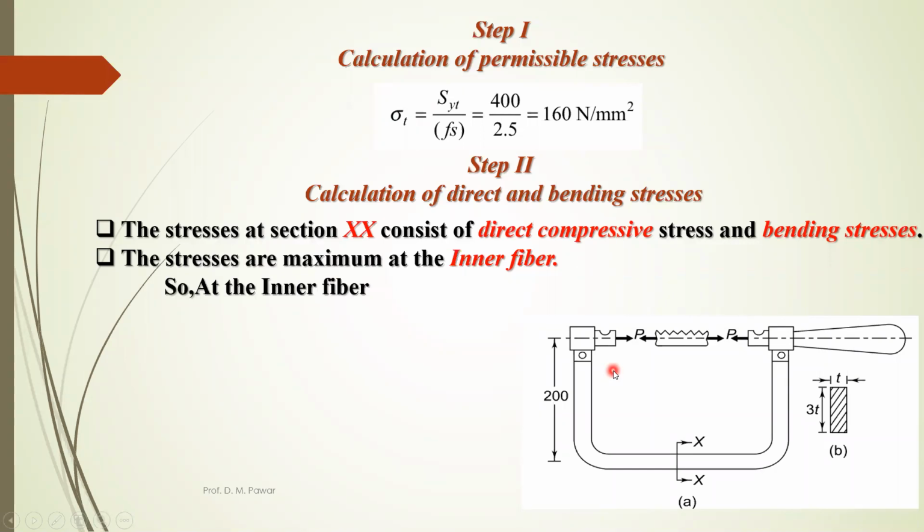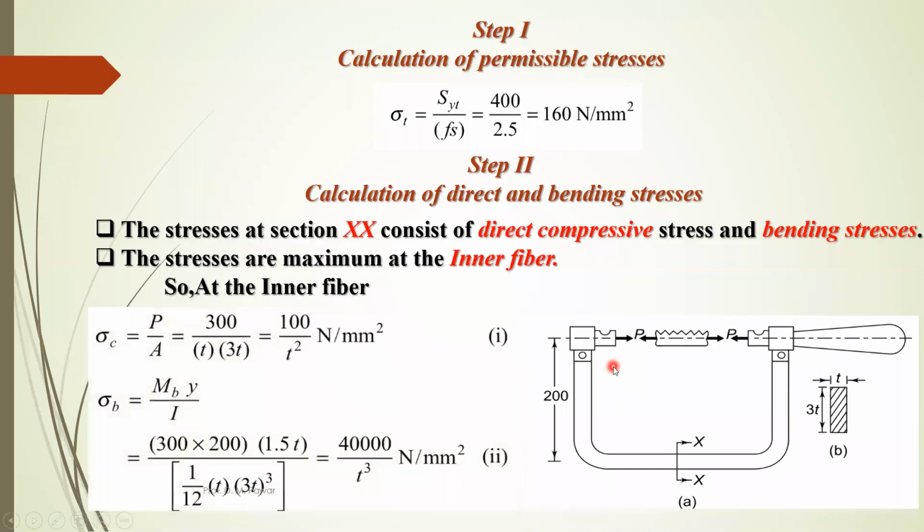How to find the bending stress and compressive stress? Well, we will see one by one. Compressive stress is simply force divided by area. The force is known to us, that is P, the initial tightening force, divided by the area of cross section at section XX. The area of cross section, from this diagram, is 3t multiplied by t, as it is a rectangular cross section. So force per unit area.